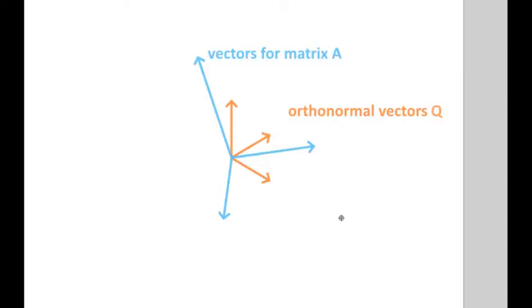So now, at the very end, to give you a taste of what's actually happening, for a visual, we've got vectors for matrix A. This is the vector that we want to QR decompose.